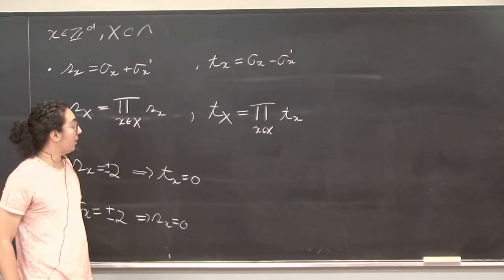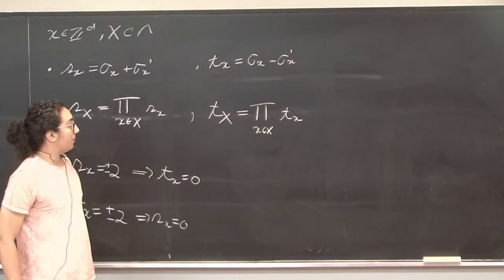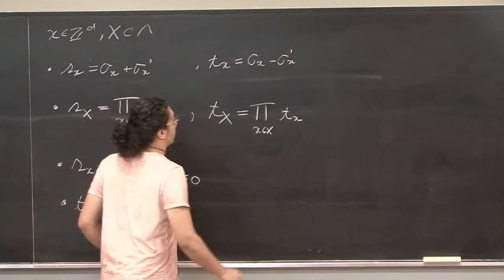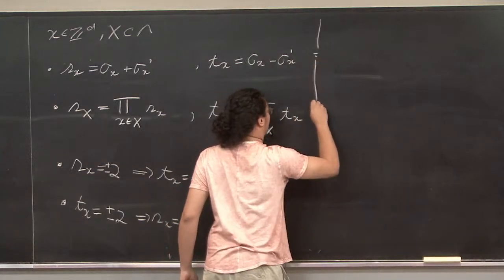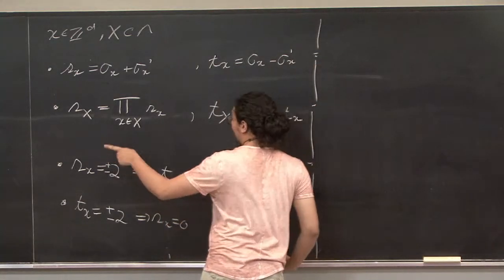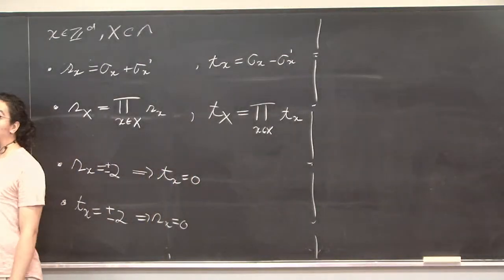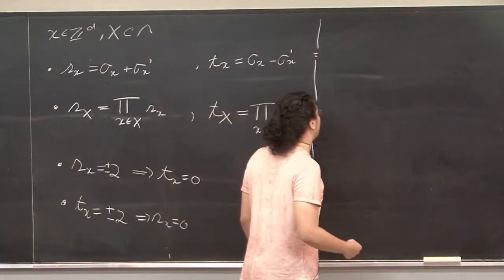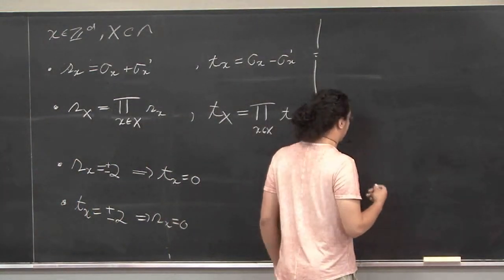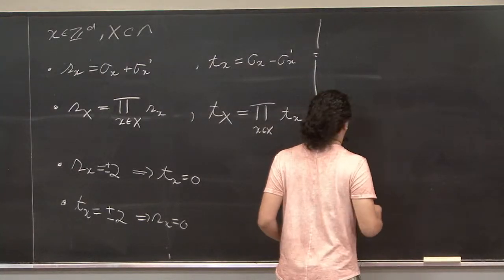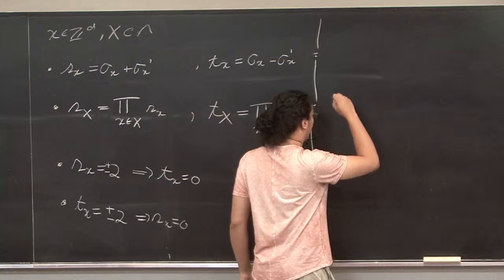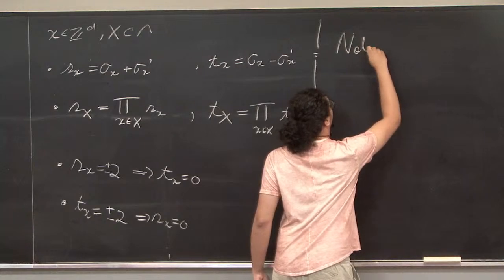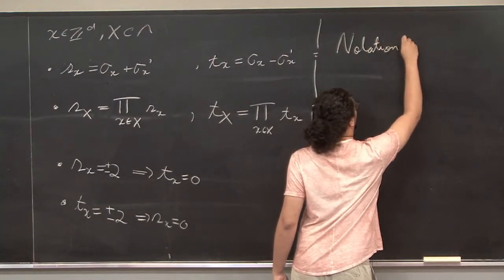Let me remind you of another thing, just to ease the notation a little bit. The state space we defined has no boundary conditions, but sometimes we want to deal with systems with boundary conditions. So we're going to introduce a notation for this.